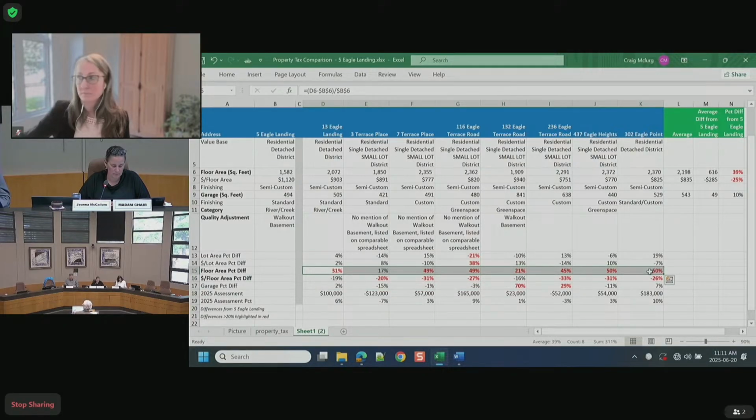If I knew how much a secondary suite was worth, I would add it in. If I knew how much a walkout basement was worth, I would add it in. But 4 of these properties do have a walkout basement, so I figure it's a wash in the average. And backing onto Cougar Creek, there's only one other one, and it is also much, anyway, we don't have any data, so I will leave it at that and let the board do what they need to do. Thank you for your time.